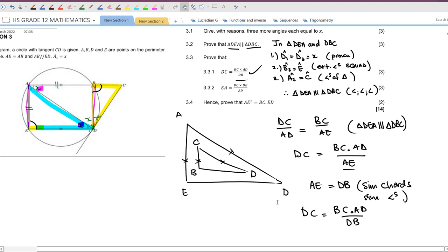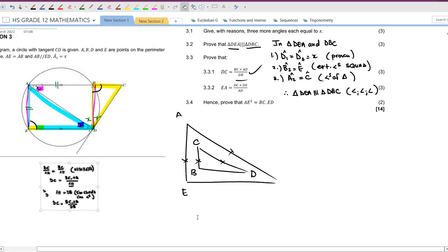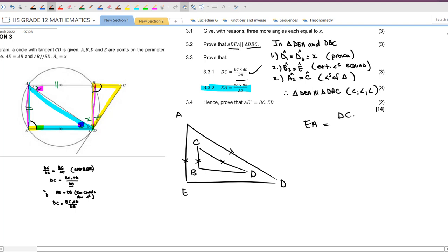Okay, I'm going to make that small. So the next question is what? I deleted the side now on that triangle. I think it was D here. So they want to know, I can prove the following: EA is DC times DE over AD.